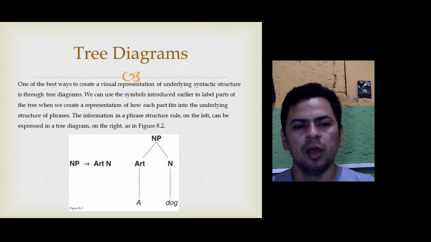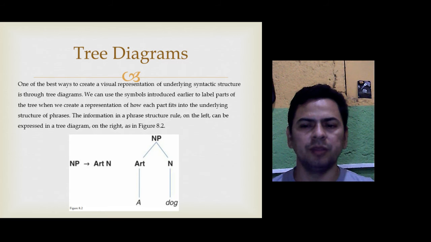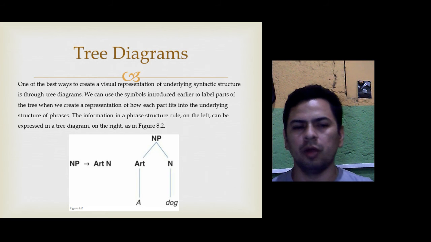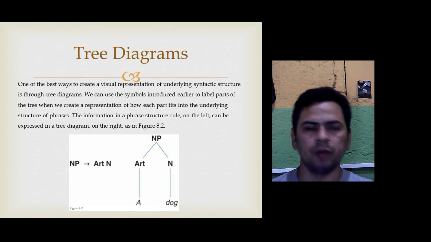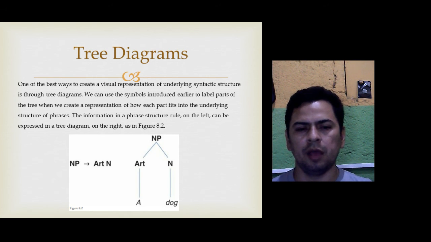Tree diagrams. One of the best ways to create a visual representation of underlying syntactic structure is through tree diagrams. We can use the same information to label parts of the tree when we create a representation of how each part fits into the underlying structure of the phrase.